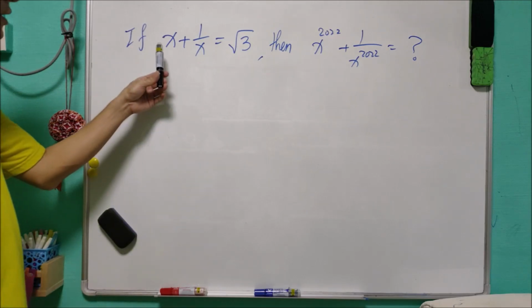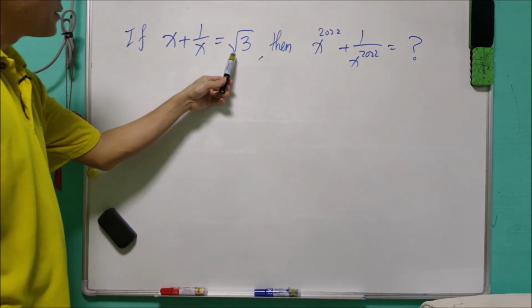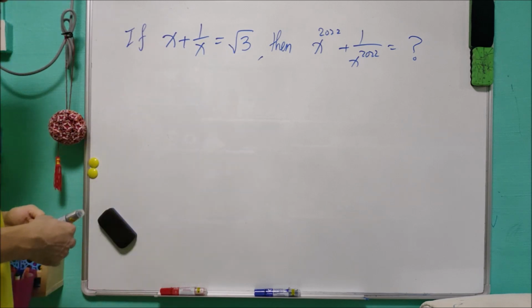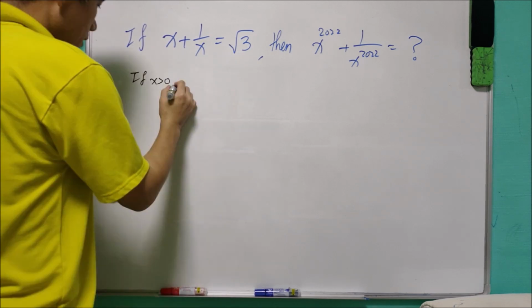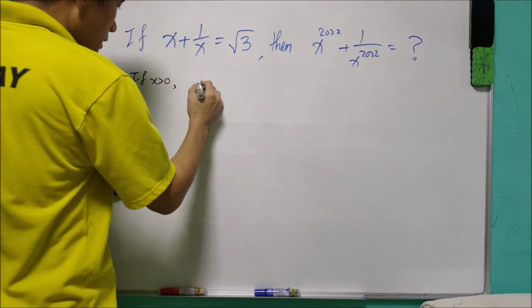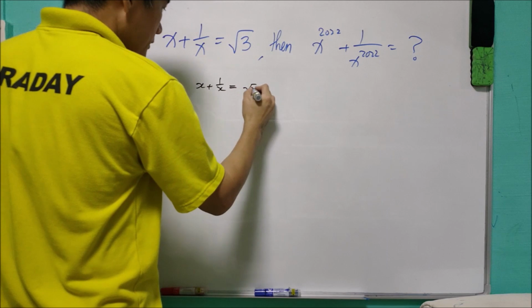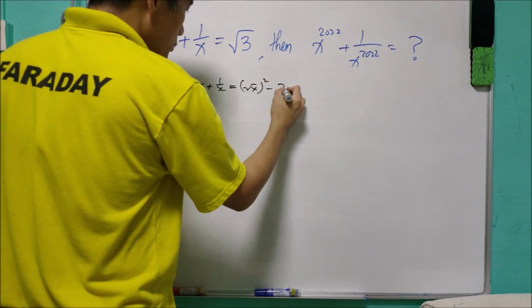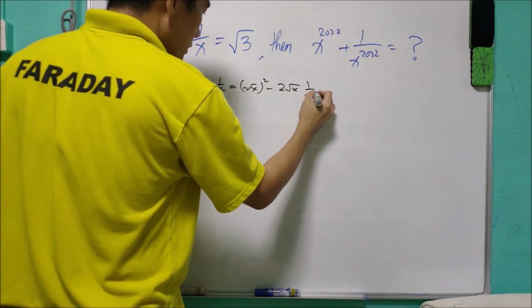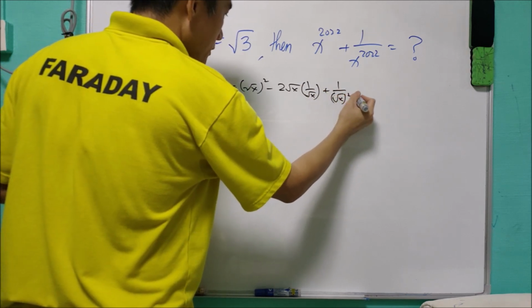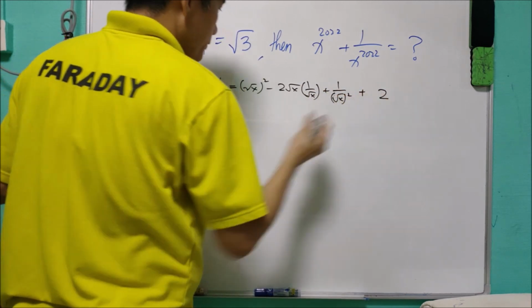First of all, we know that if x is positive, then x plus 1 over x is at least equal to 2. Why is this so? If x is positive, x plus 1 over x equals (square root of x)squared minus 2 times square root of x times 1 over square root of x plus (1 over square root of x)squared plus 2.